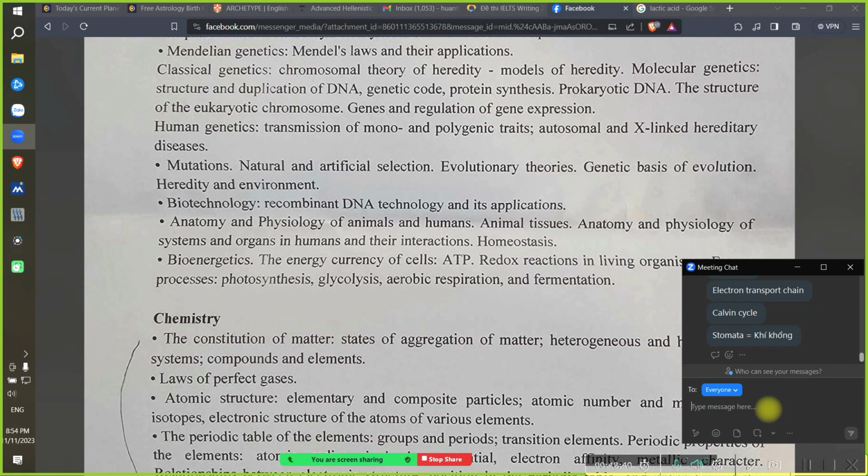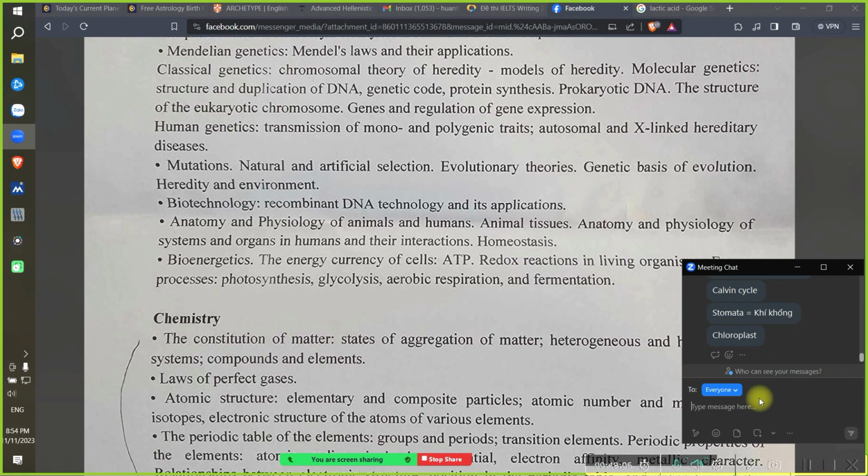So the chloroplast, chứ phải là chloroplast nha. Chloroplast. Chloroplast, ba âm thôi nha. Chloroplast. Chloroplast is the organelle that carries out the photosynthesis.